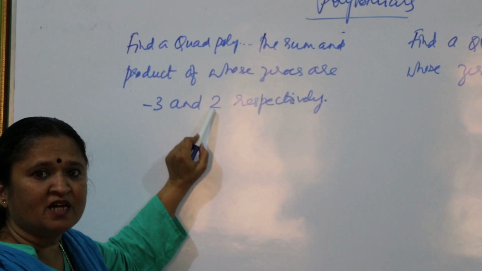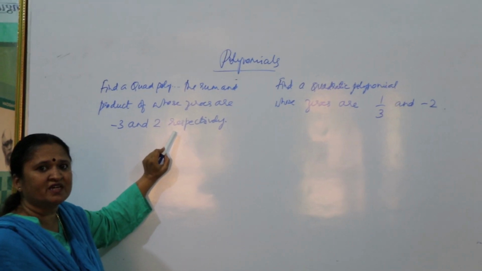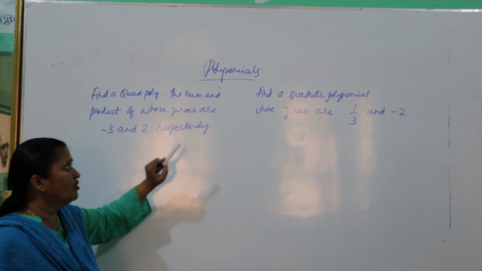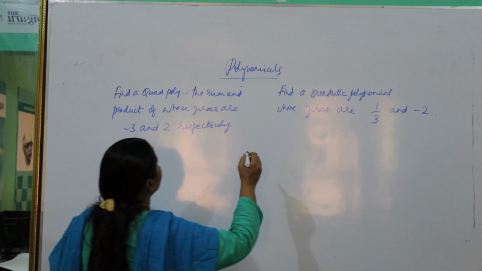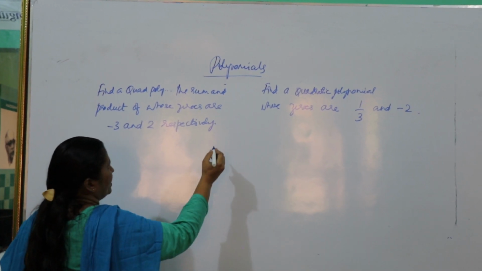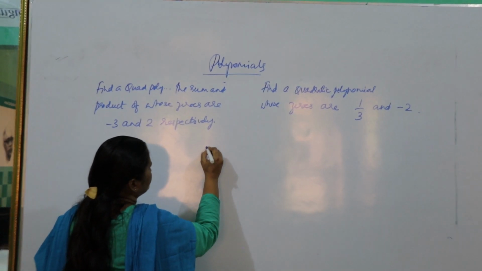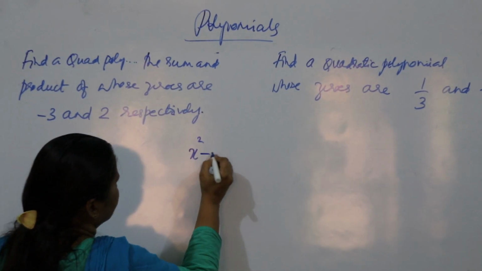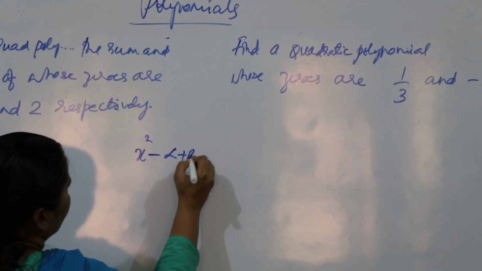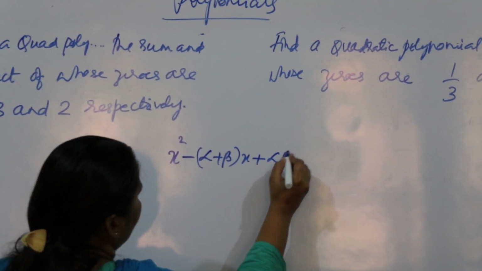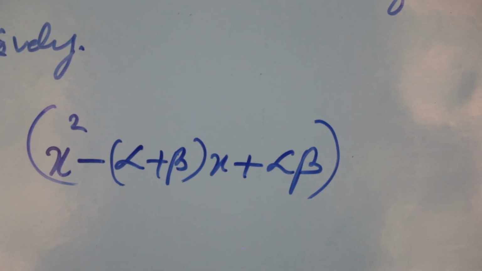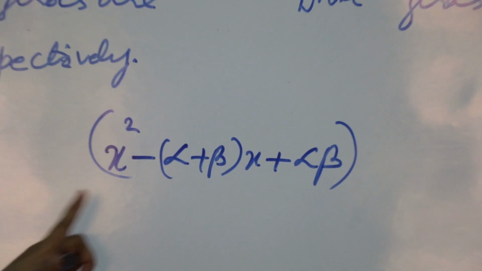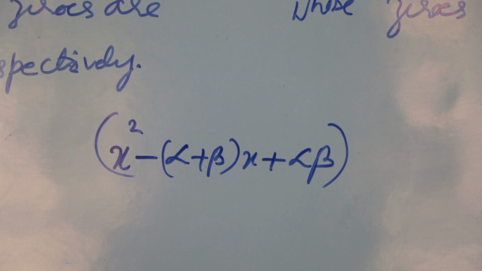Here the sum and the product of the zeros are given. But for both, we use the relationship, the standard form of a quadratic polynomial in terms of its zeros: x square minus (alpha plus beta) x plus alpha beta. Yes, children, that's why I wrote it in between. For both these, we use this, but we use it differently.